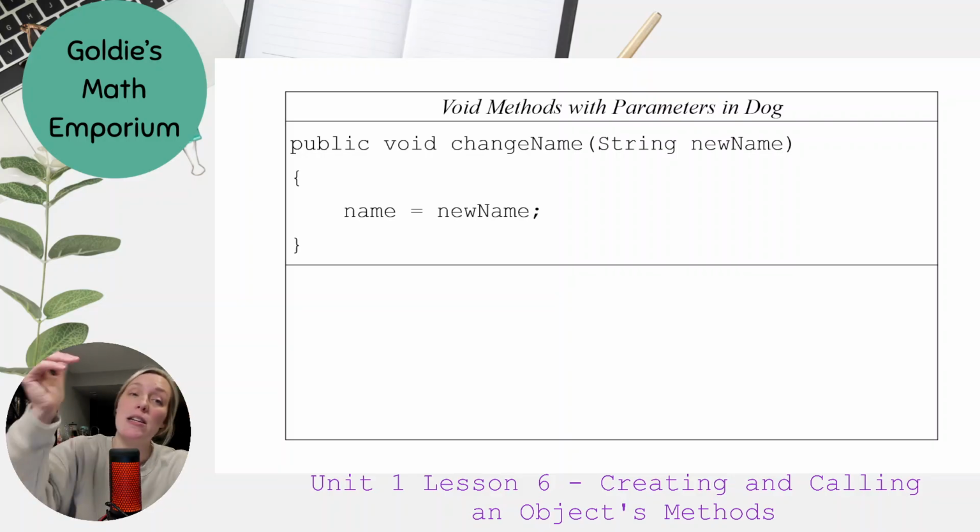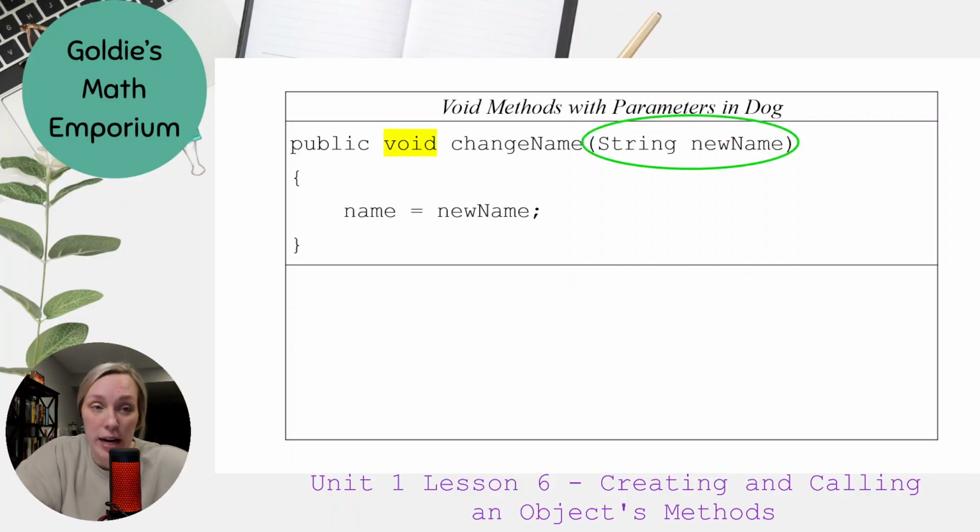So what happens here? Again, notice how it's void, public void changeName, and how it has a parameter now, newName. This parameter is a string. You start with the data type, and then newName is going to be the identifier for it. That means when I call on this method and I say, hey, changeName, I'm going to pass it some data.